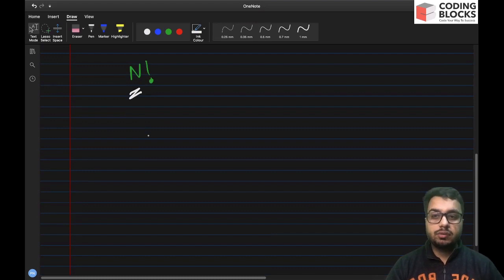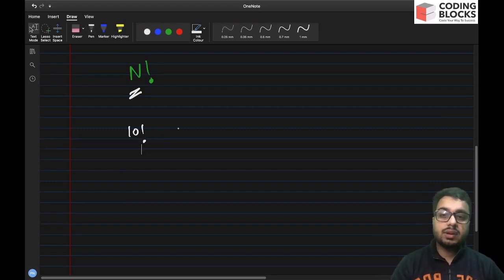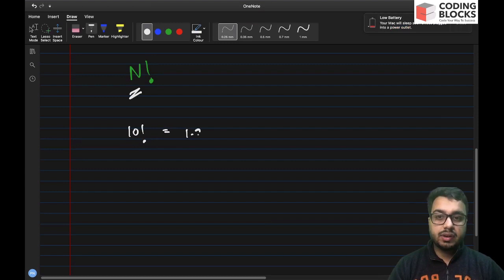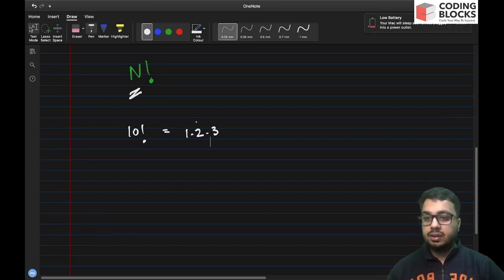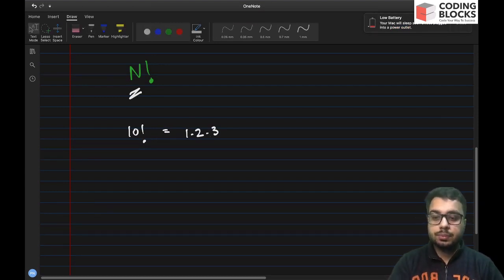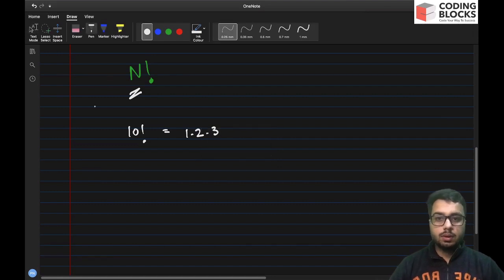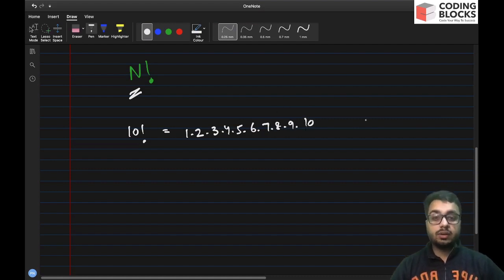So let me give you an example of, let's say, 10 factorial. We are interested in finding out the number of zeros if we compute 10 factorial or 100 factorial also. So clearly 10 factorial is written like this: 4, 5, 6, 7, 8, 9, 10, and yes, this is what 10 factorial is.